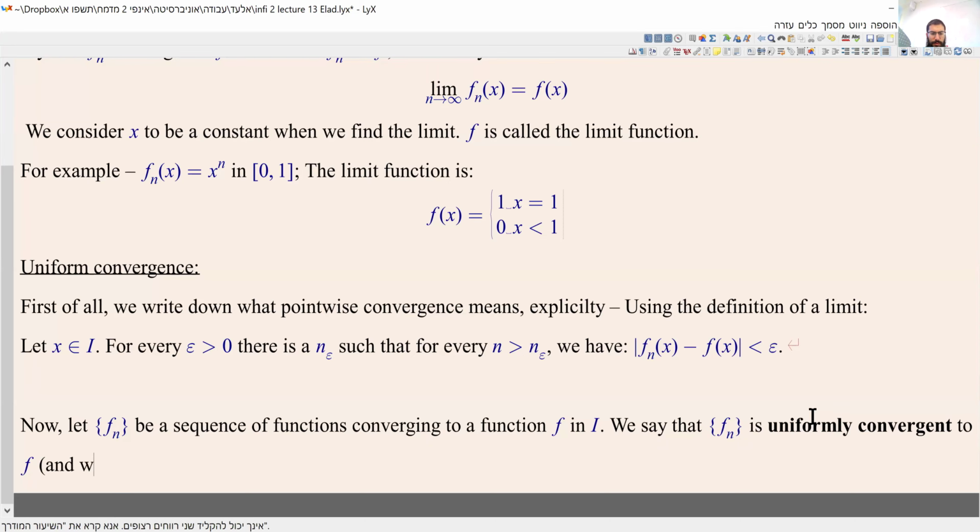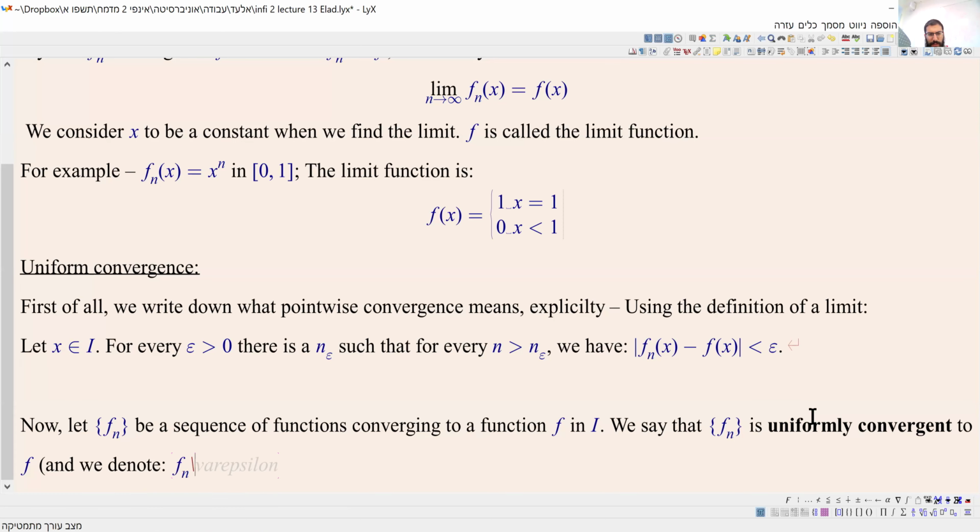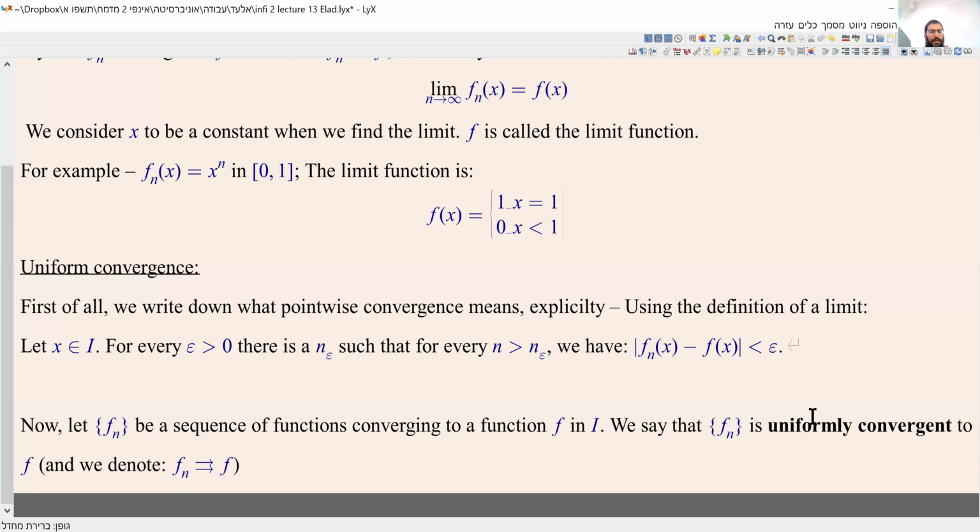And we denote it with a double arrow. Right arrow, two arrows.